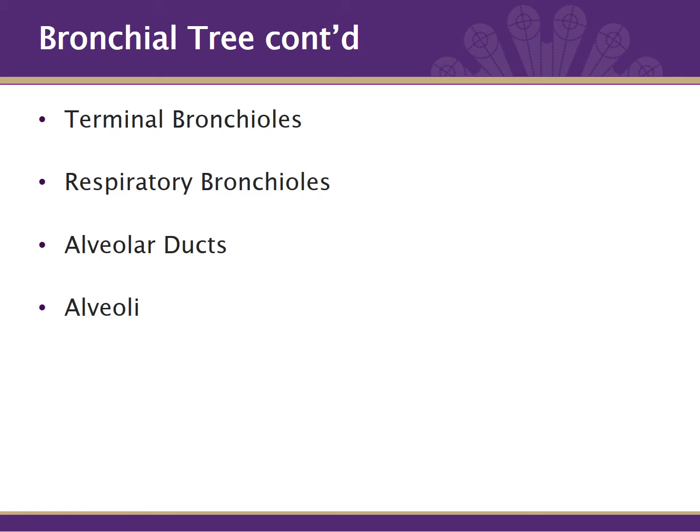Each terminal bronchiole branches into 2 respiratory bronchioles. This branch is considered the beginning of the respiratory division because the corresponding alveoli are the site of respiration. In the respiratory bronchioles, we start to lose the smooth muscle and cilia, and the cells start to become smaller.